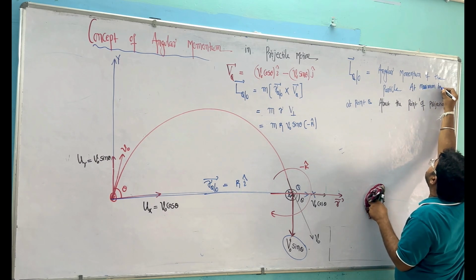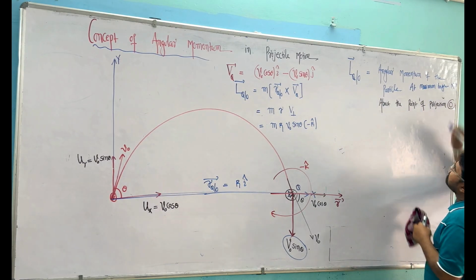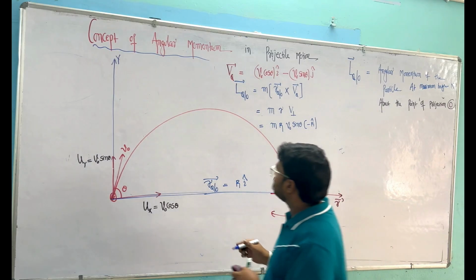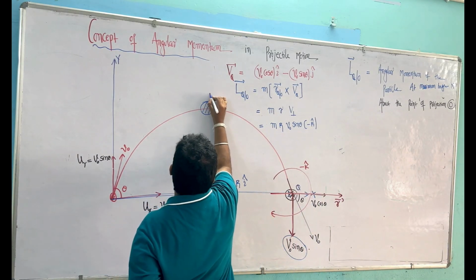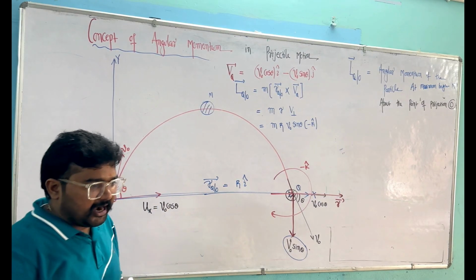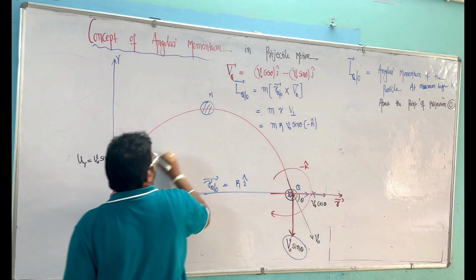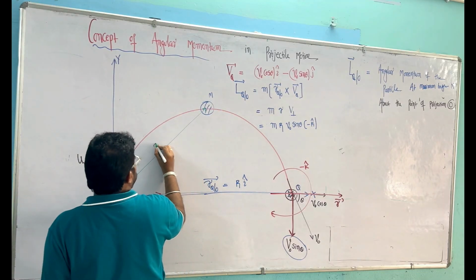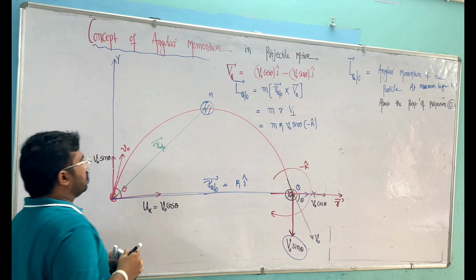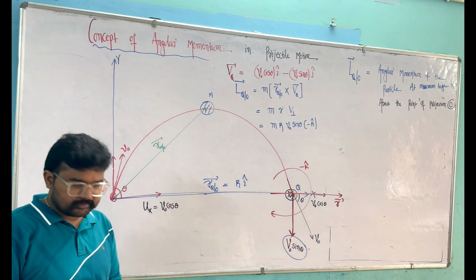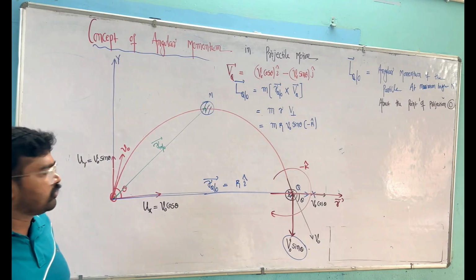Maximum height, at point M. So now the particle is at maximum height. What is the position of the particle at M, about point O? Position of the particle about point O.